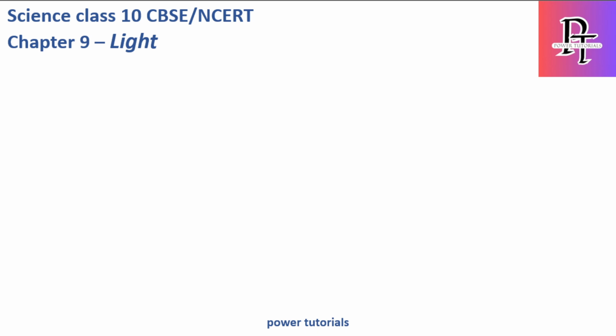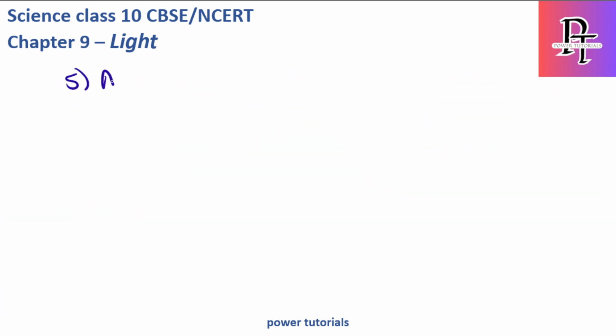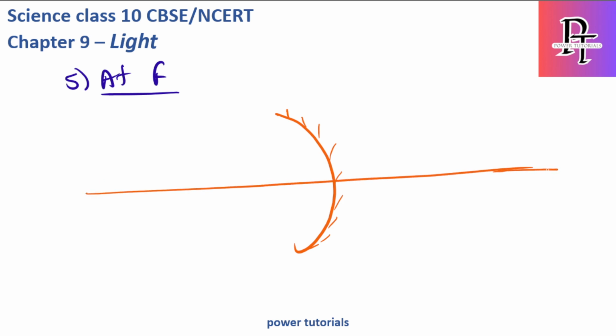Now we have the object at focus. In the same way let's draw the mirror, principal axis, then we have focus, center and pole.